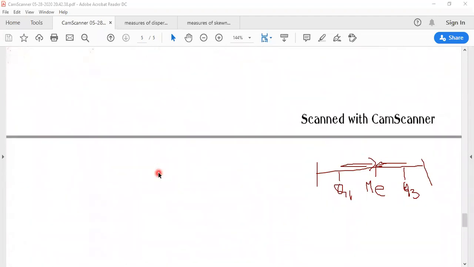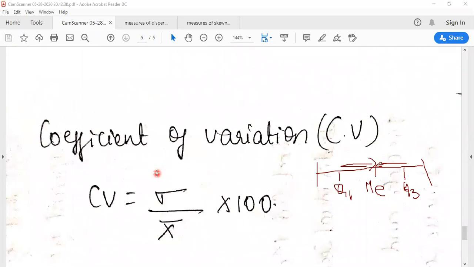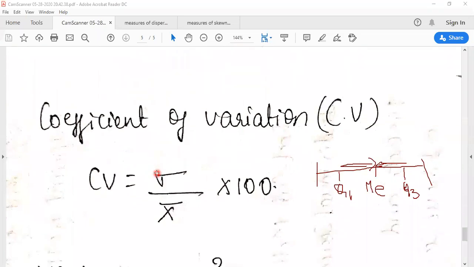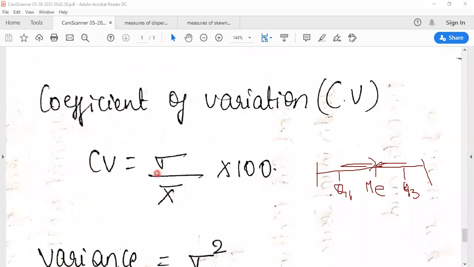And then the last part is you have to find the coefficient of variation. How much is the data varying? There are a lot of problems on calculation of dispersion, how variable the data is. You have to find the skewness of the data. There are a lot of problems in the question paper and it is compulsorily asked in every examination.